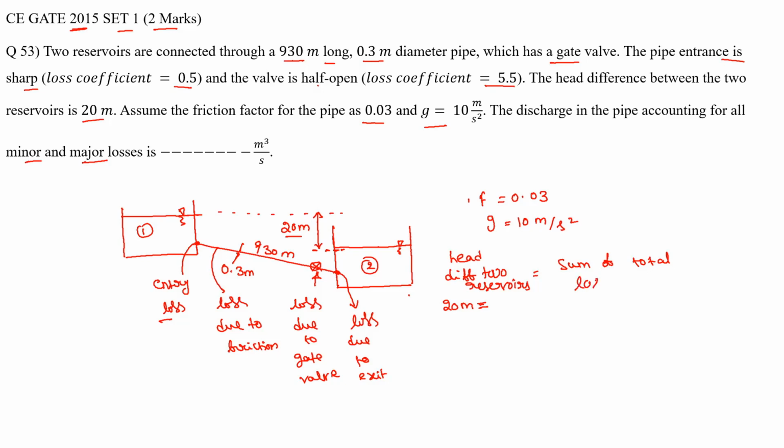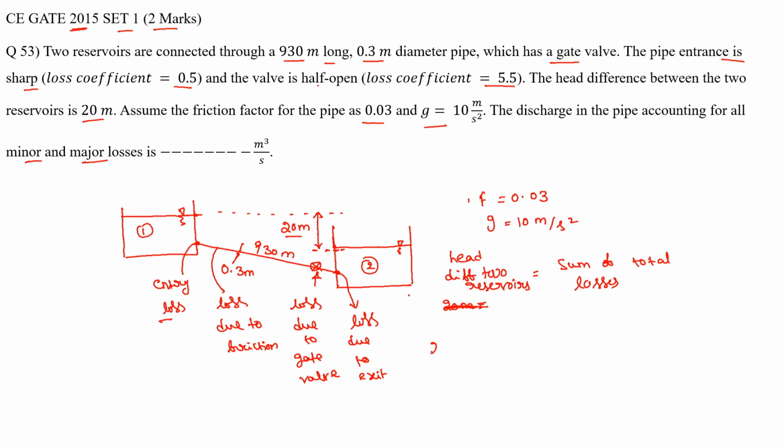If there are no losses, then the total head in reservoir 1 and reservoir 2 will be the same, assuming they both are located at the same height.